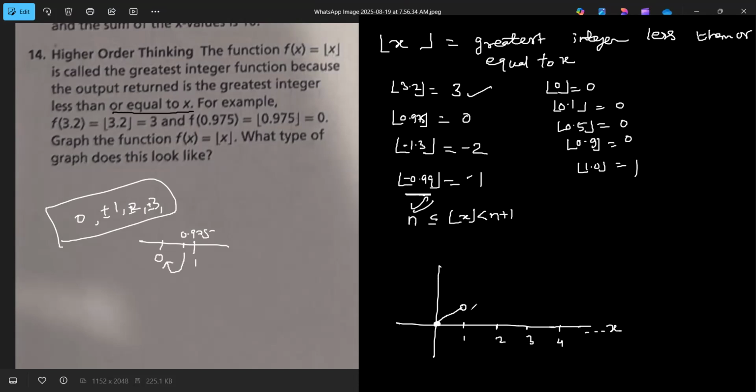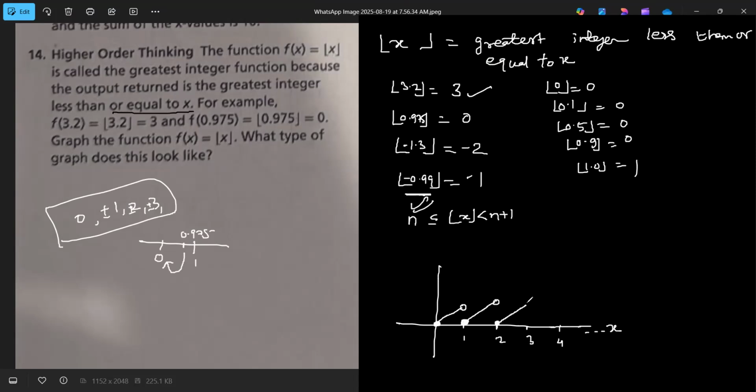Understood? From 1 to 2, what will you get? 1 only. Is it clear?